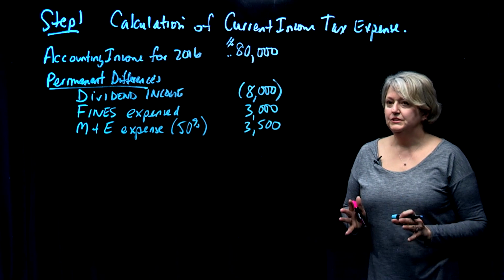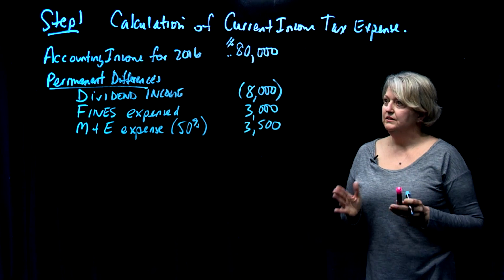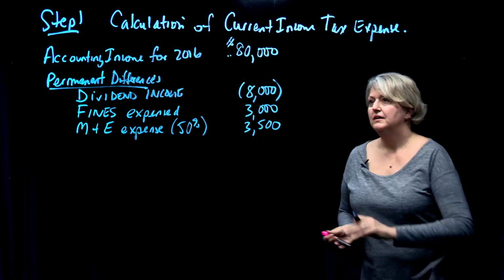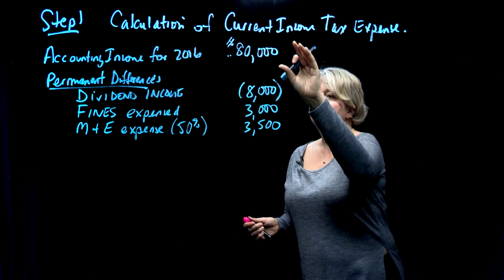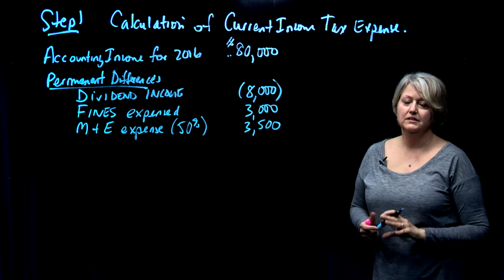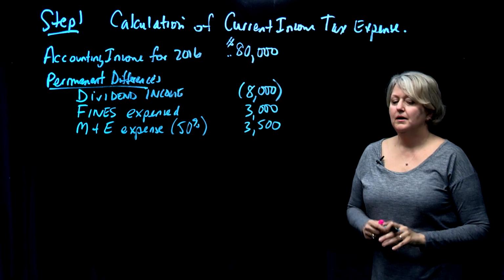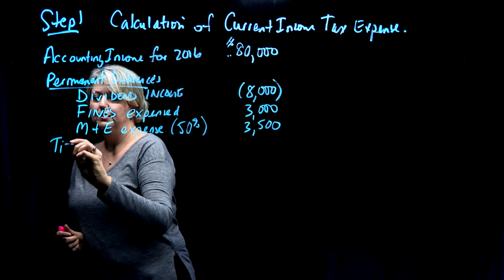Now there are other differences, though, that are different between accounting and tax, but only in this particular year. So it's saying that it's something that's in this accounting income or not in this accounting income, but should be in the figure for calculating the taxes that are owing. So a couple of examples of those, and we'll call those timing differences or temporary differences.